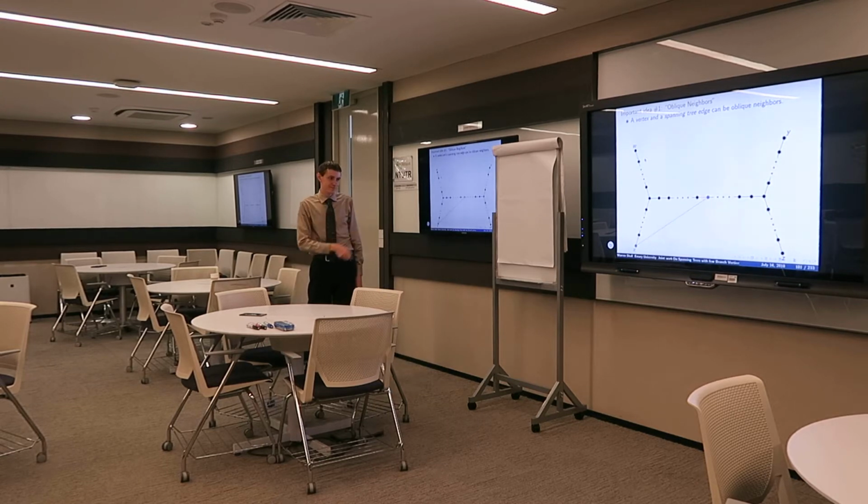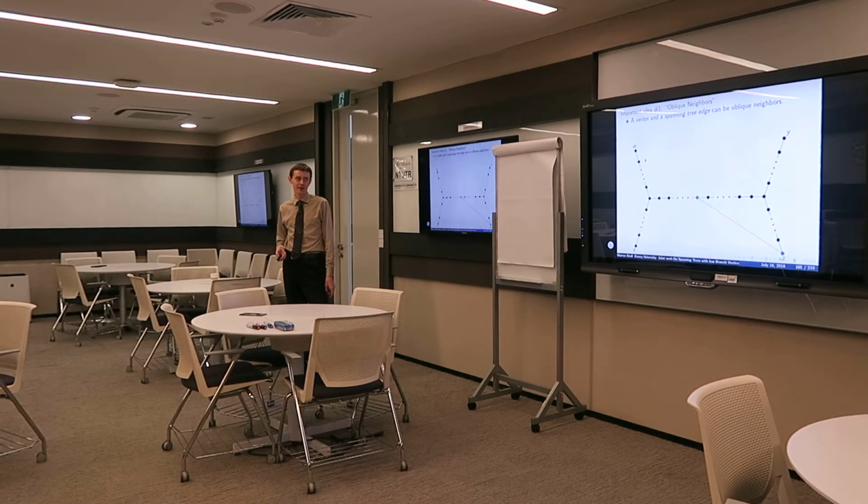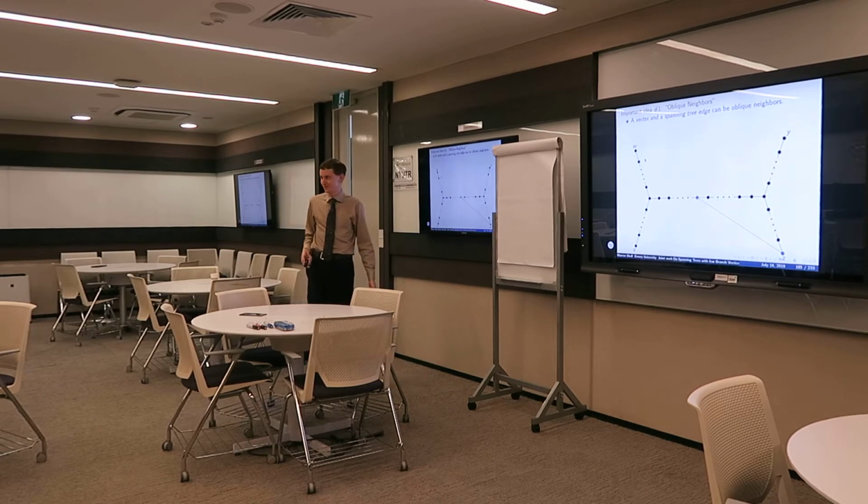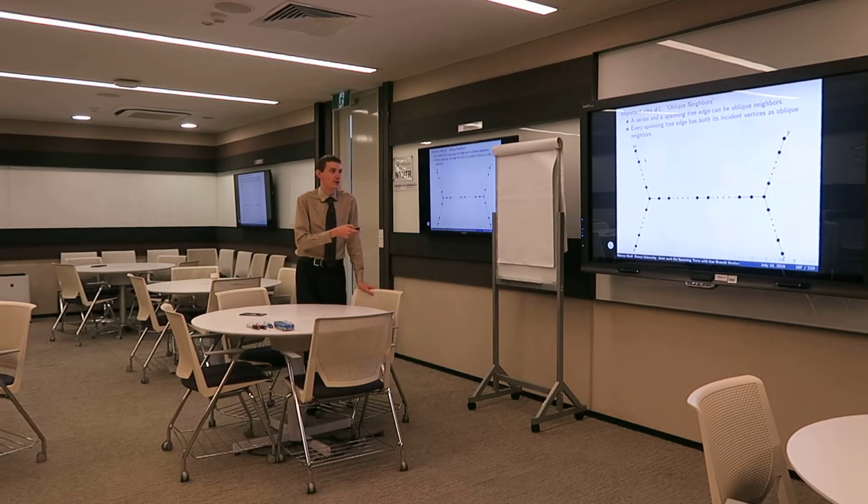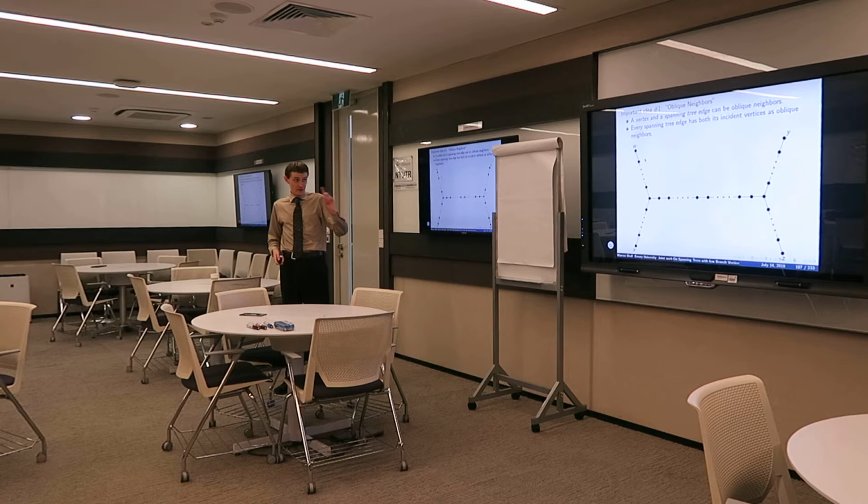Similarly for X, it has to be like that. But for Y, it has to be adjacent to the other side, because it's whichever one is farther from the other one you're looking at. And then Z similarly over here. I'm calling it oblique because it has to go to the far side. One quick note, every spanning tree edge actually has both its incident vertices as oblique neighbors, because the one on one side is adjacent to the one on the other side in the tree and therefore also in the graph.